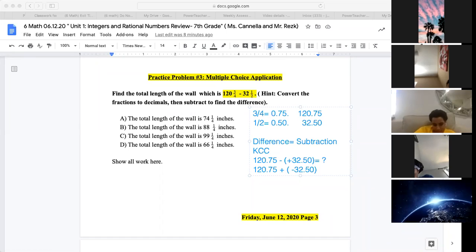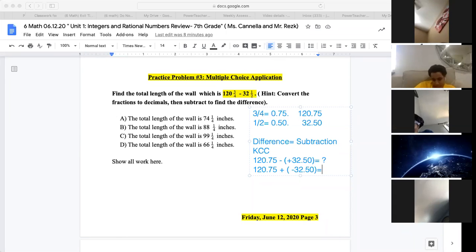Okay, so now Jazzy, are the signs the same or different? Different. The signs are different. What does the rule state to do on page 1? For different signs, you have to subtract and use the sign of the higher number. Okay, so which number is higher, 120 or 32? 120. So it's positive.